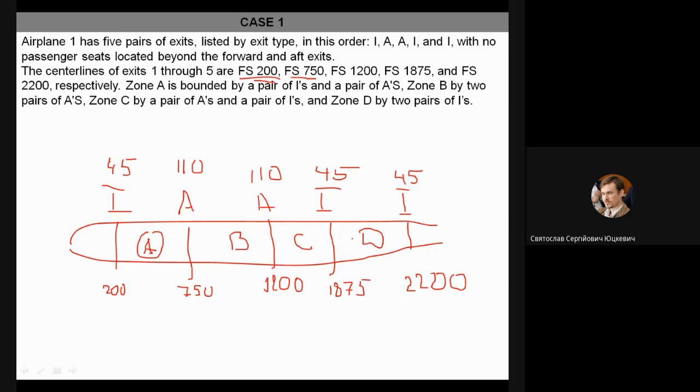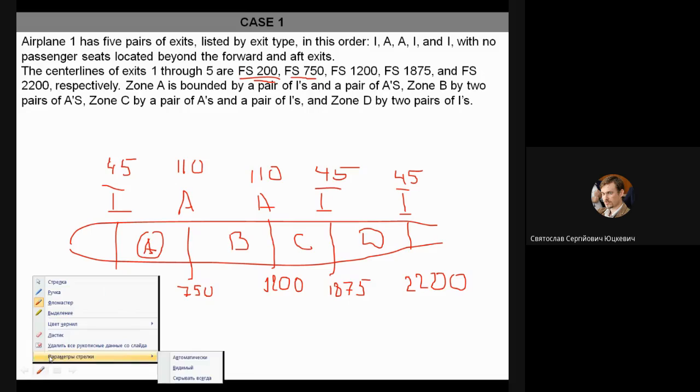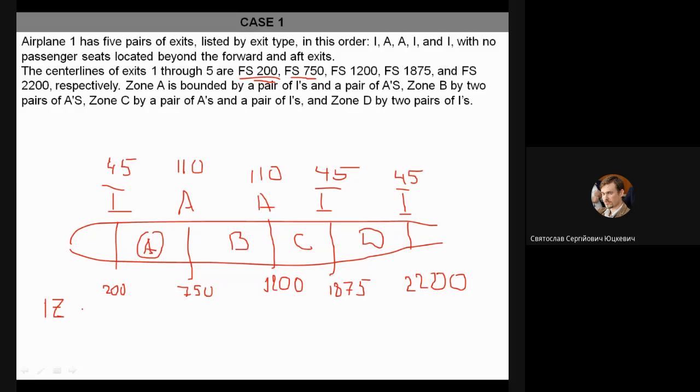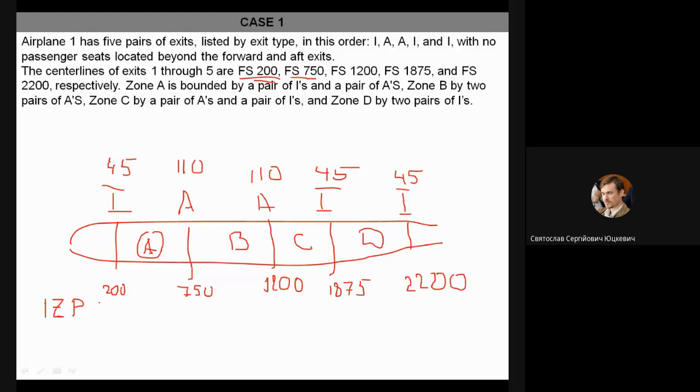So first step: individual zone passenger capacity determination. I'll make just an abbreviation. For zone A, what is the individual zone passenger capacity for this zone?